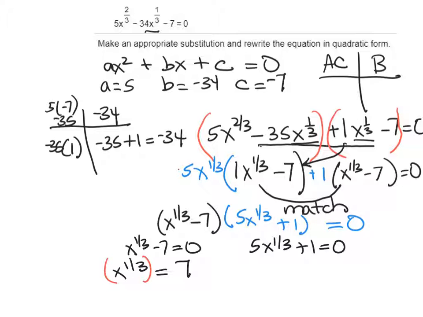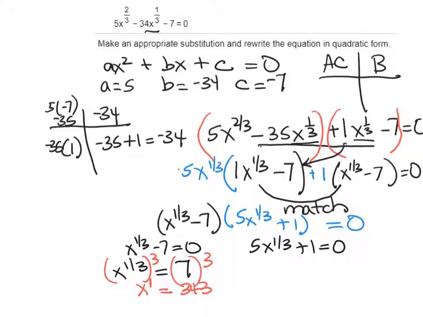So I'm going to take this to the 3rd power, and this is 1/3 times 3, using your power rule, becomes x to the 1st, and then 7 times 7 is 49, and then 49 times 7 is 343, I believe? I might check my math there.